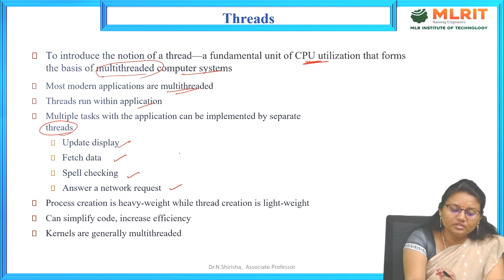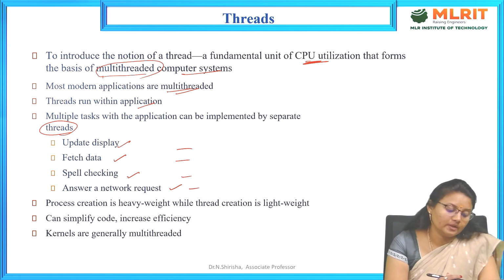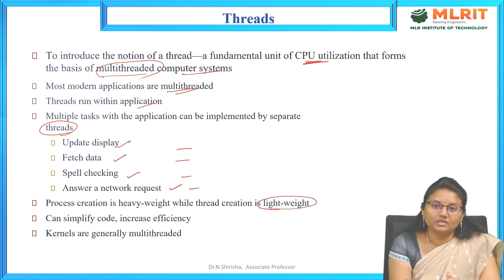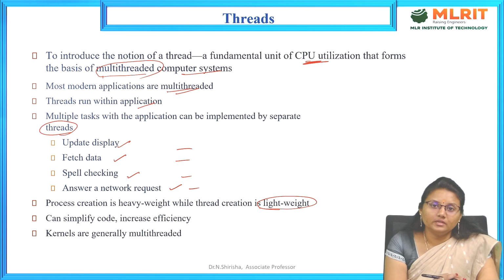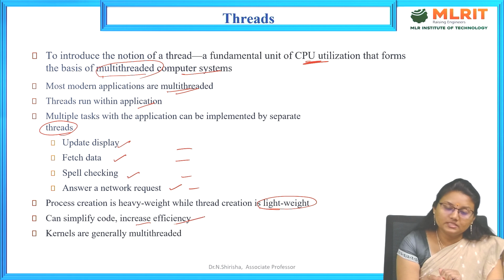These are all different activities, and we can call each of them a thread. Process creation is heavyweight, while thread creation is lightweight. A process is a combination of multiple threads, so it is heavyweight, and a thread is lightweight. Threads can simplify the code and increase efficiency.